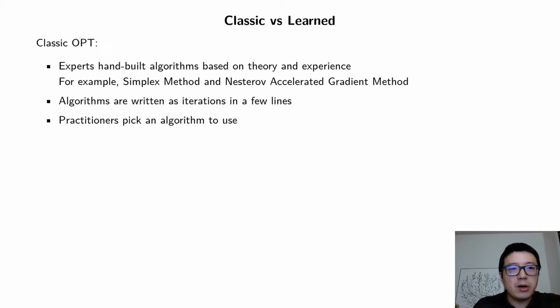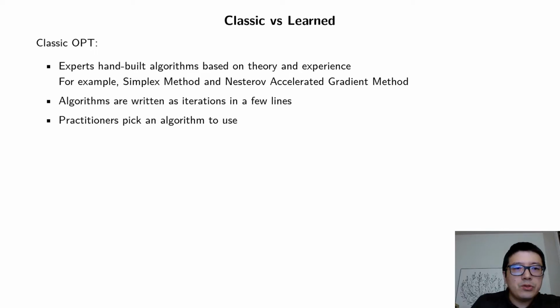Classic optimization algorithms are those built by experts based on their theoretical understanding and experience. Examples are the simplex method by George Dantzig and Nesterov's accelerated gradient descent method. These algorithms can usually be written in several lines. In the case of Nesterov, you can write it down in 2 lines.